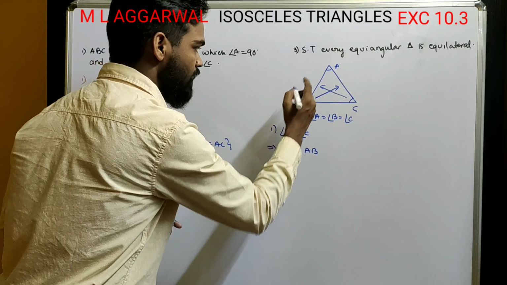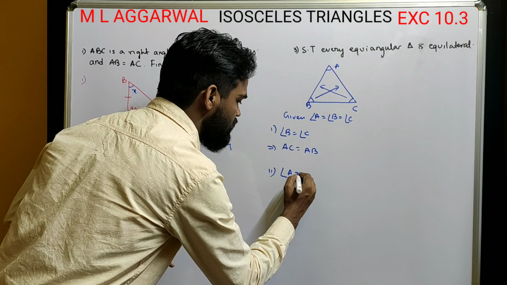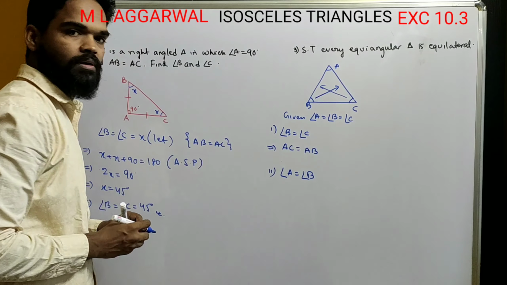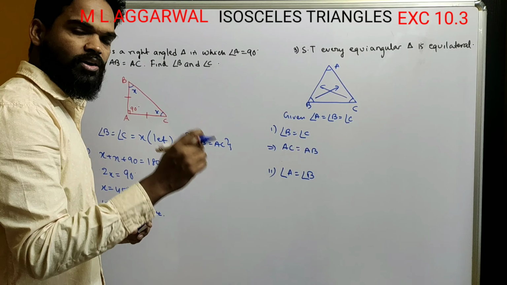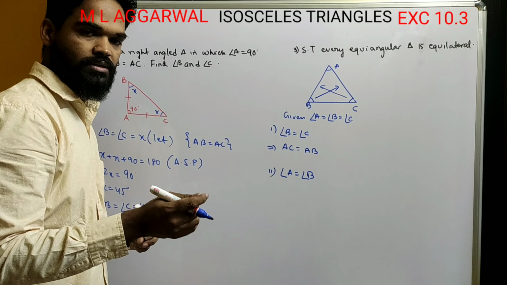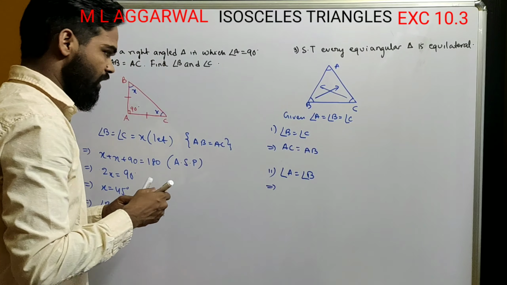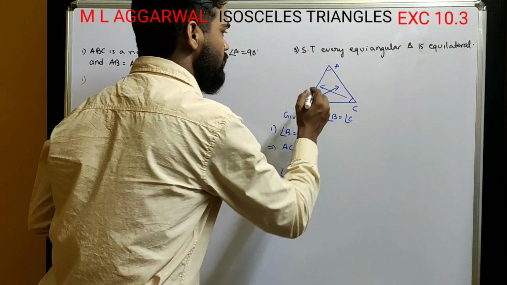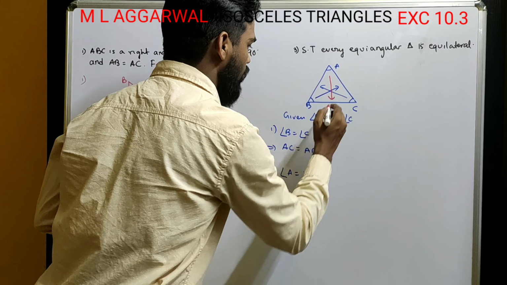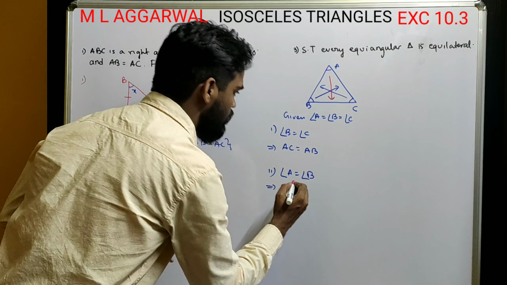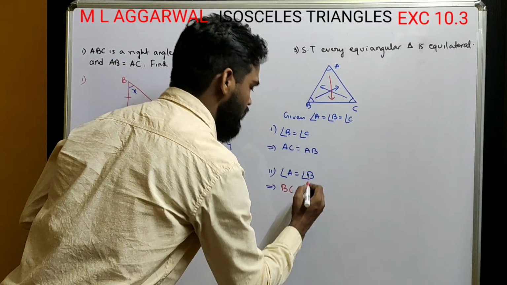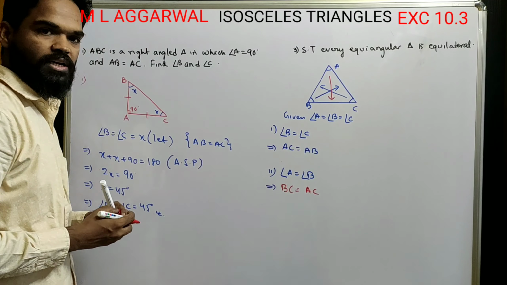Now similarly, look carefully, angle A is equal to angle B. Again, the sides opposite to the equal angles in a triangle are equal, which means to angle A, BC is opposite. To angle B, we have AC, isn't it?